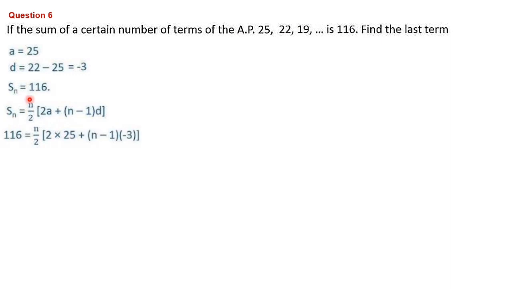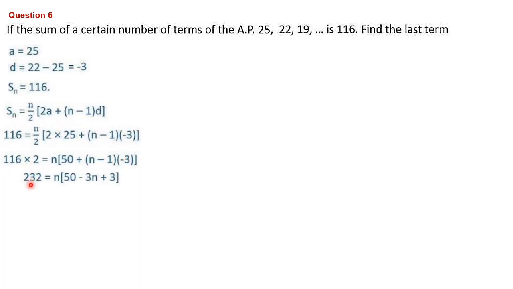So Sn value 116 is equal to n by 2 into, a is 25, plus n minus 1 into d, d is minus 3. Here n is an unknown quantity, that's why keeping n as it is. Let's find out n from here. So 2 we can cross multiply. 116 into 2 is equal to n outside, 2 into 25 is 50 plus n minus 1 into minus 3.